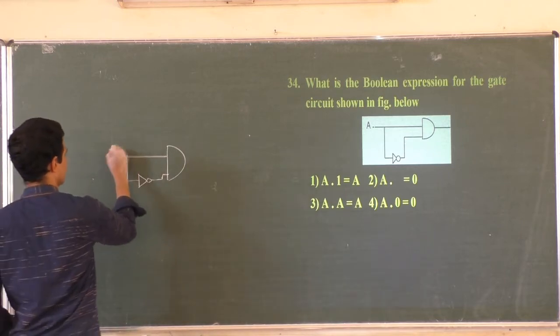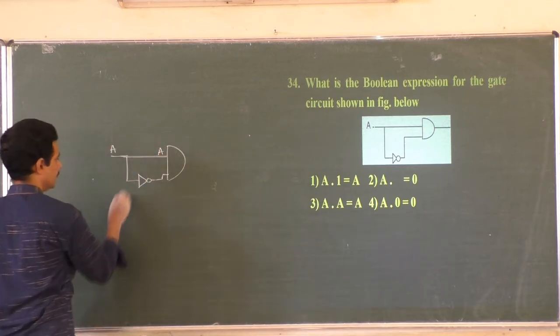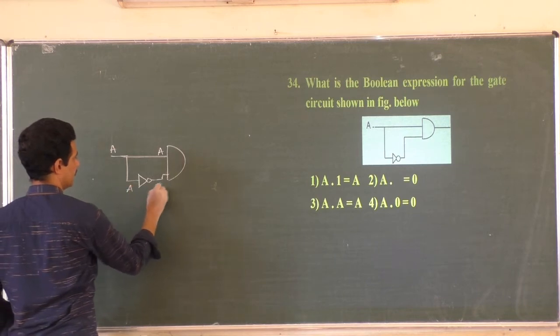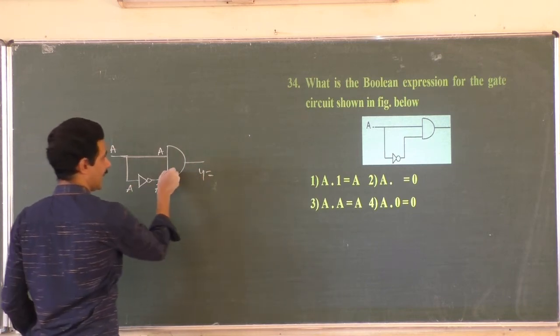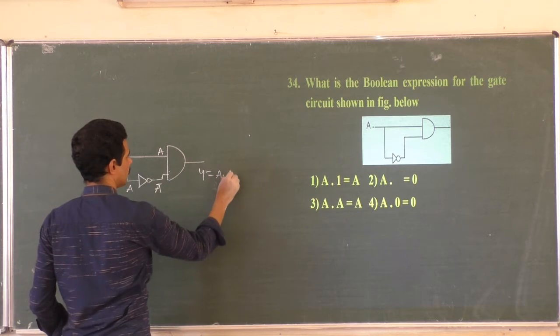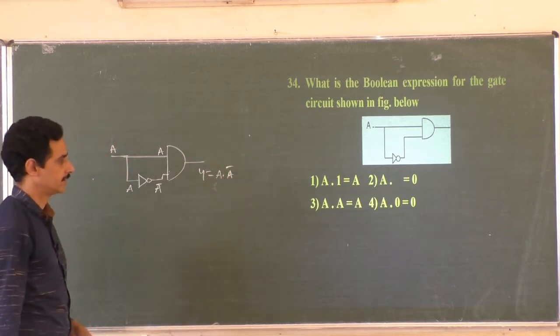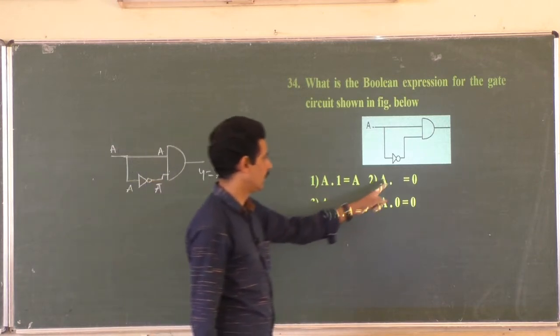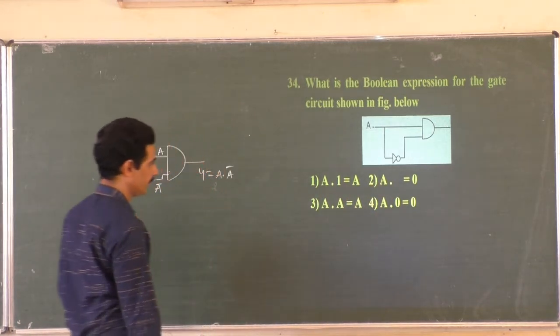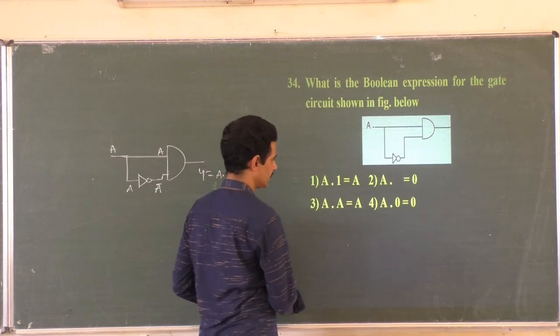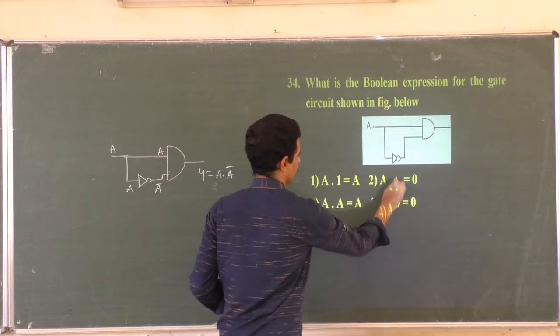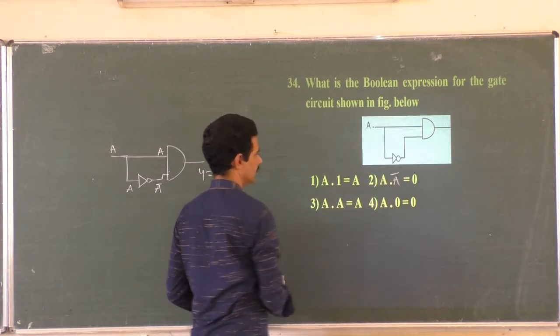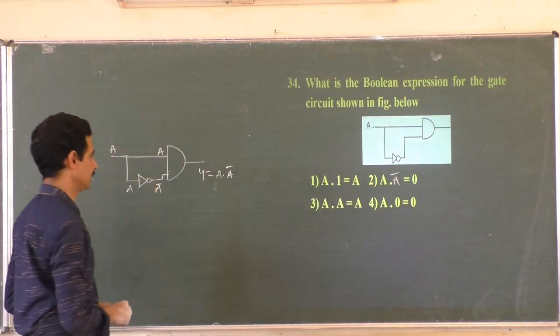A only is the input. Here A comes, and this is A bar. Y is equal to the AND gate output, A dot A bar. Where is A dot A bar? Oh, the bar is not seen anywhere here, but it should be A dot A bar. Something like that.